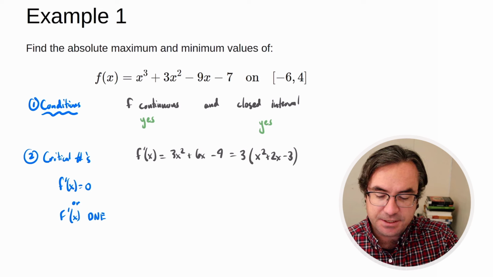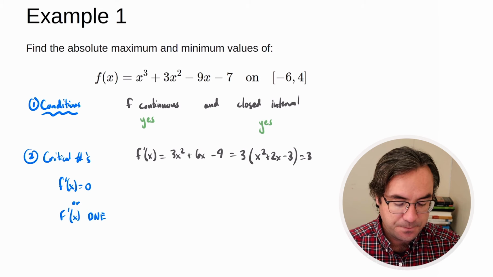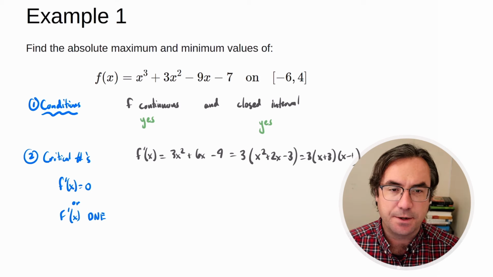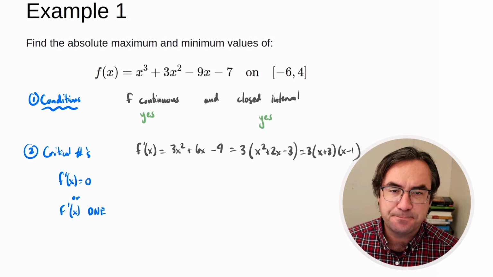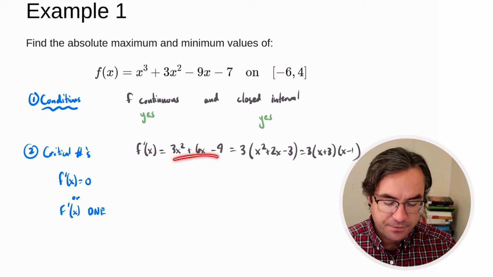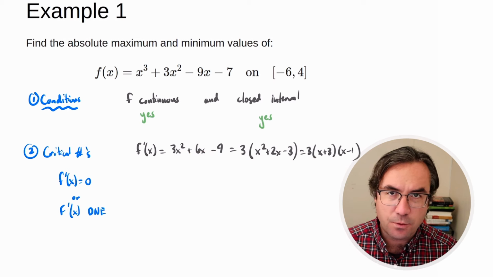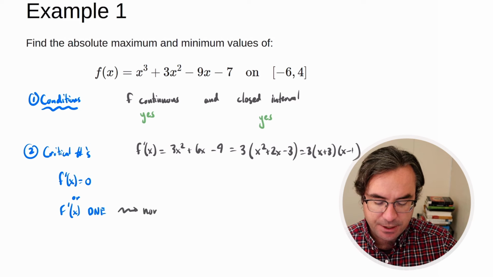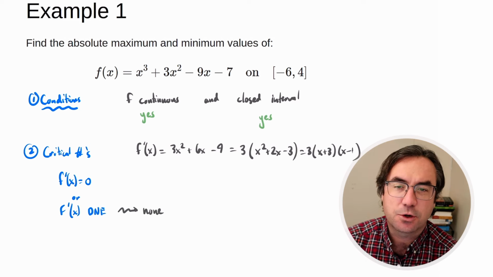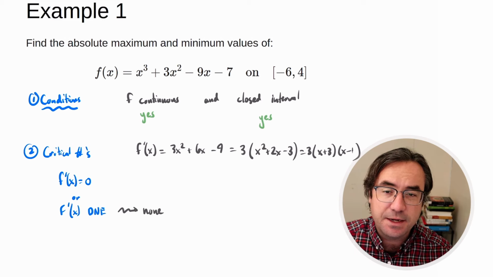So this factors nicely into x plus 3 and x minus 1. Okay. So we got it all nice and factored. If we look at our derivative, there's no division by 0 or negative exponents. So we're not going to run into any issue here, so we're not going to get a critical number from the derivative being undefined.